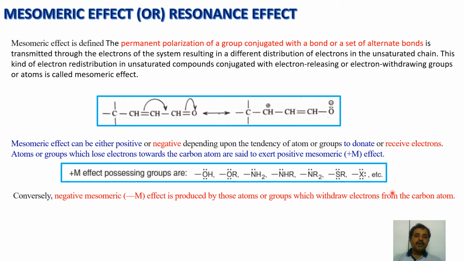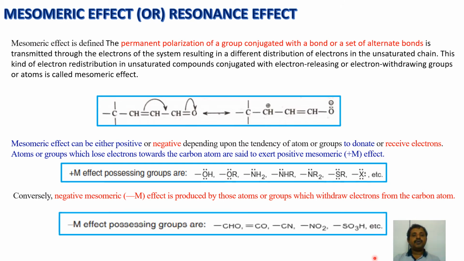Conversely, the negative effect, that is minus sum effect, the electron withdrawing effect, is observed when an electronegative oxygen or nitrogen is bonded with a double bond. You can see in the CHO group, the carbon and oxygen have a double bond. In the ketonic group, carbon and oxygen are bonded by a double bond. In the cyanide group, carbon and nitrogen are bonded with a triple bond.